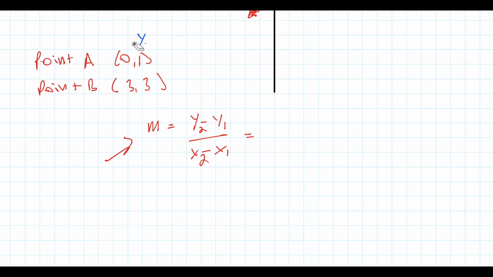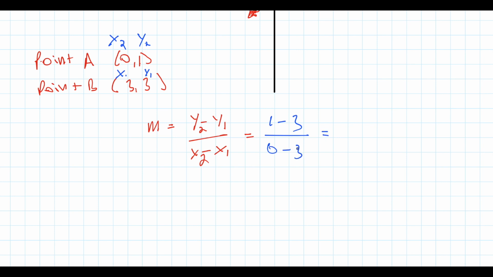All right, so now what? Make that y2, make that y1. Now what's this over here? x2. And that's x1. Cool. So what's the slope? No, I want to see the work. Basically it's 1 minus 3 over 0 minus 3.